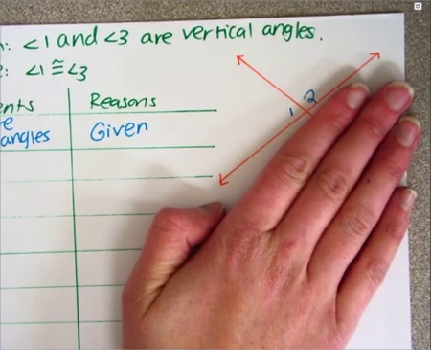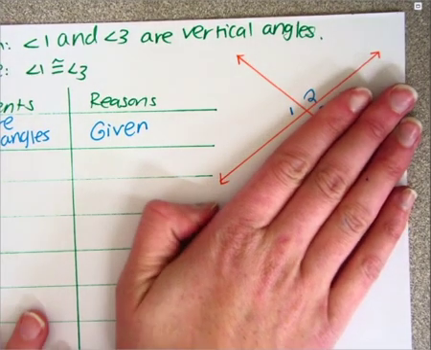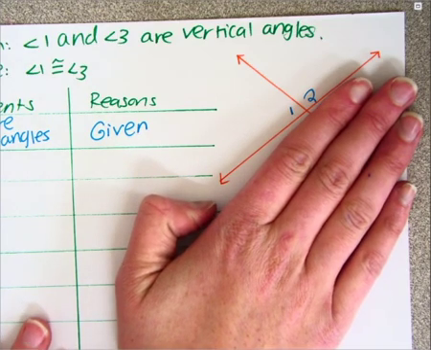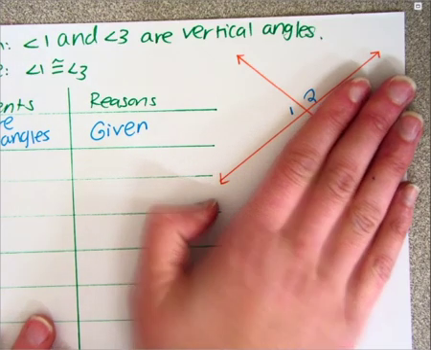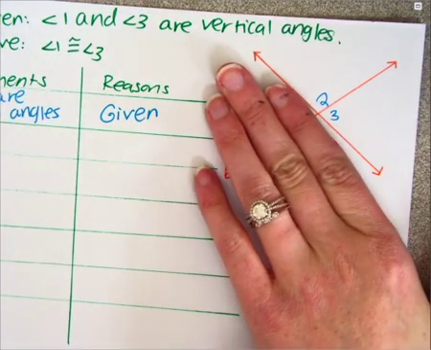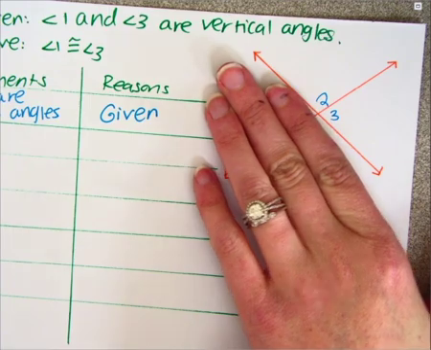Cool. All right, so angle 1 and 2, when you put those together, they make this pretty line, which means they form a linear pair. All right, same if we look at angle 2 and 3, what do those form when you put them together? Yes, you guys are correct.